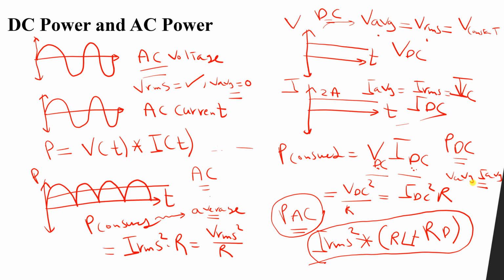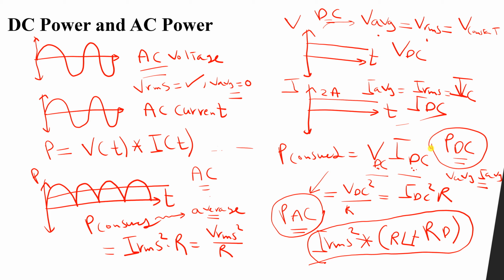I hope you now understand the difference. In a DC system, the DC power is similar to the AC expression: I average multiplied by V average is similar to V RMS and I RMS. But in a rectifier system, not all of the AC power, I RMS squared multiplied by this resistance, is converted into DC.